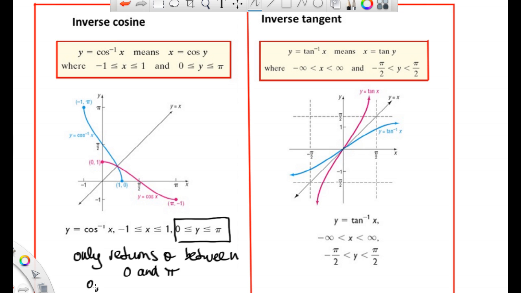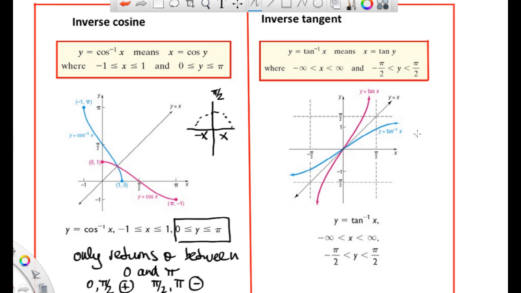From 0 to pi over 2, it will be positive, and from pi over 2 to pi, your cosine will be negative, right? If you think of it as the unit circle, this is where all this comes from. X here is positive, x here is negative, and there's pi over 2. So the inverse cosine initially gives you positives from 0 to pi over 2, and then the negatives come when you are between pi over 2 and pi.